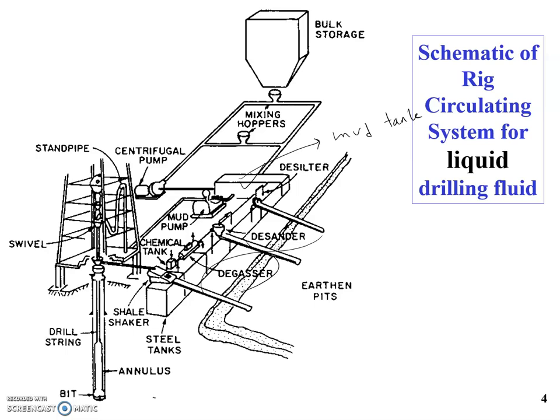The degasser, desander and desilter are all there to remove the gas, the solids and the sands from the drilling fluid, and then put it back into the mud tank. So this is overall the schematic of the way the drilling circulating system works.